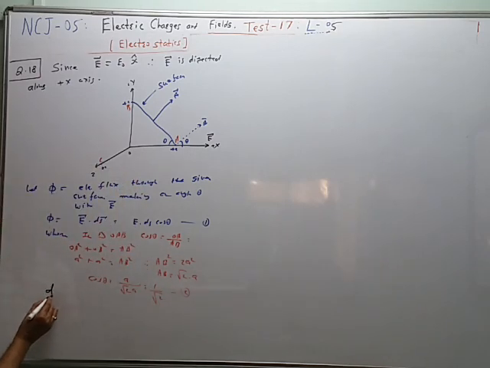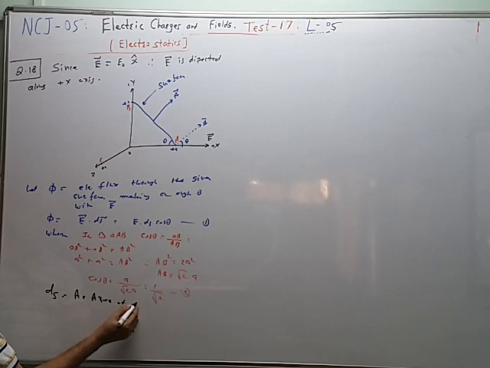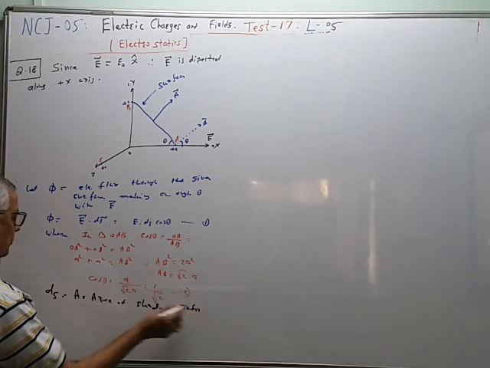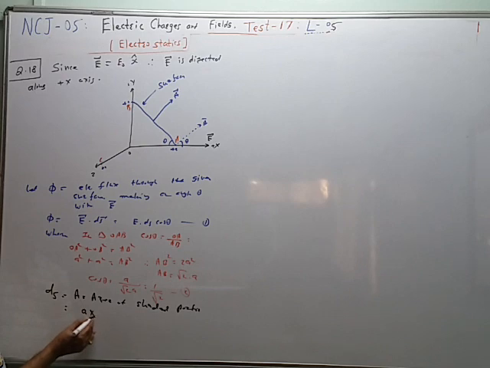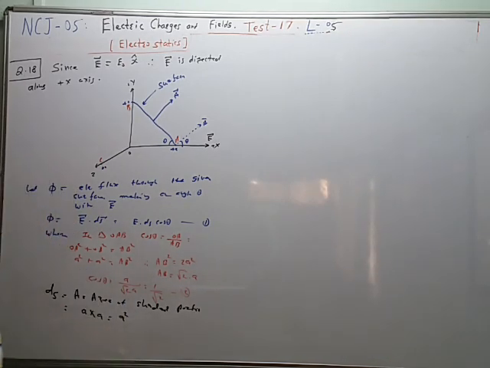dS is equal to the area of the shaded portion. So this is equal to A multiplied by root 2 into A, that is root 2 into A square.